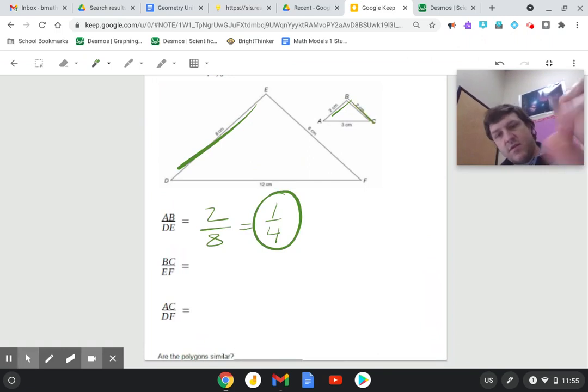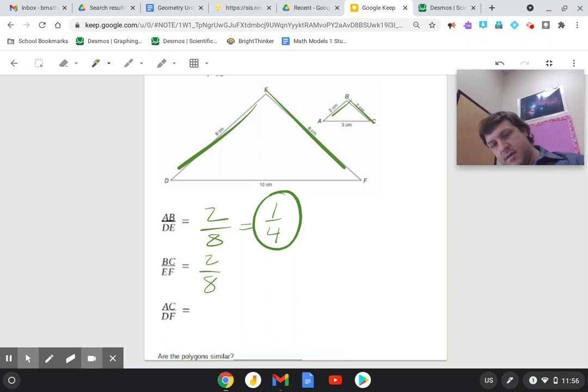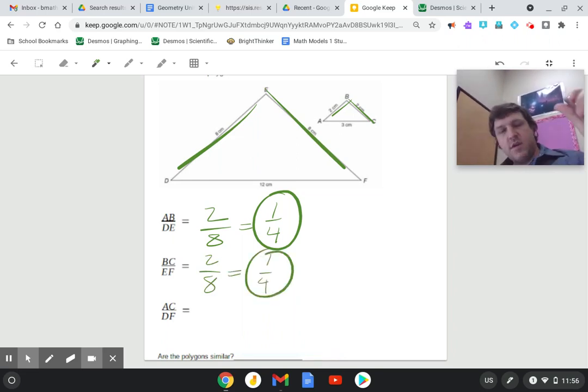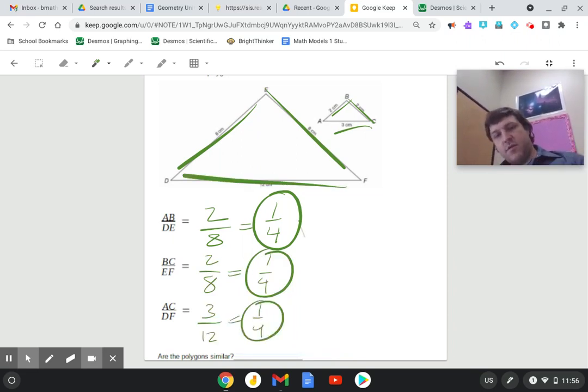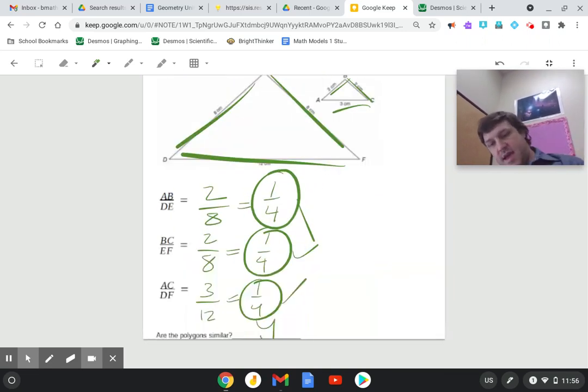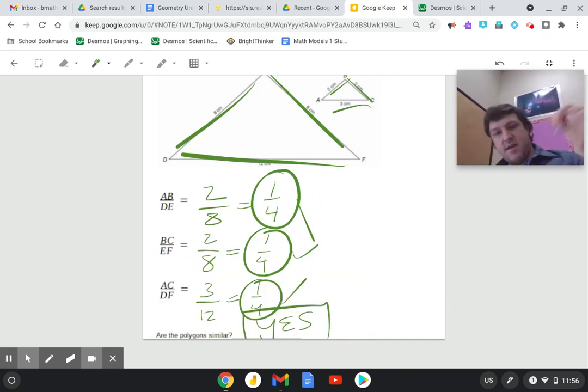BC is also 2. EF is 8, which also reduces to 1/4. Looking good so far. Then we have 3 over 12, and that also reduces to 1/4. So because these are all the same, then we can say, yes, this is a set of similar figures.